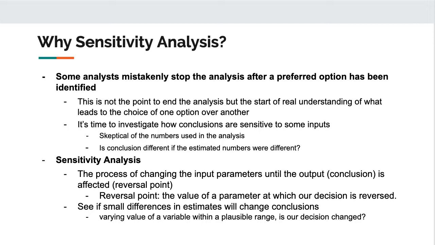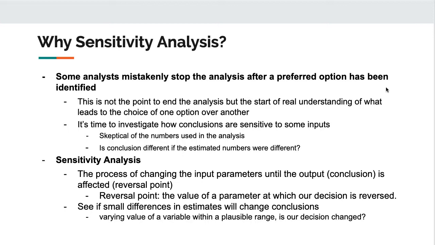Knowing that the estimated values are not exactly reality, if a small change in that number may change our conclusion, then our recommendation may be a concern. Sensitivity analysis provides us the methodology and the tool to find out the answer to such questions.